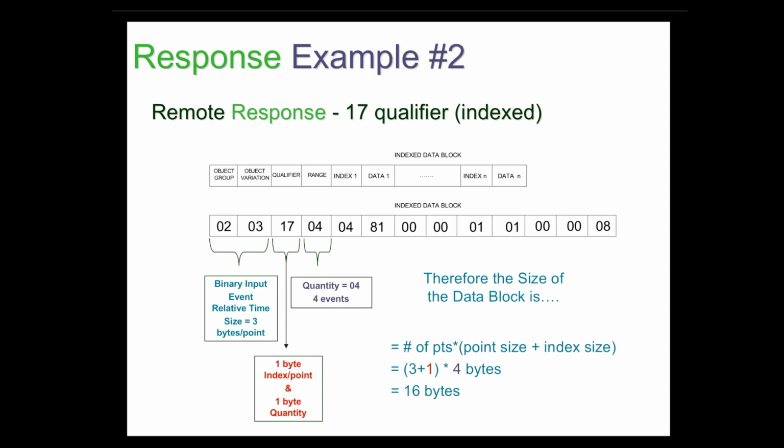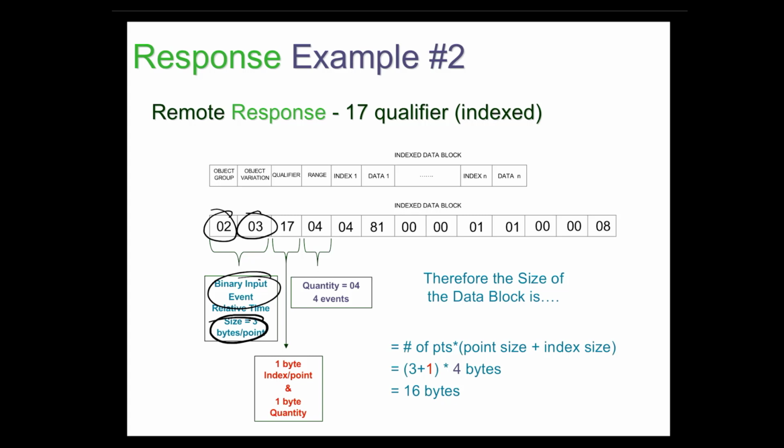Qualifier 17, what does that mean? That means that with 17, we're looking at a 1-byte quantity of points, right? So if we look at object group 2, variation 3, we'll find it's a binary input event with time. And so this is some additional information that the only way you're going to know that is to look it up in that binder to know that it's going to take 3 bytes for each point.